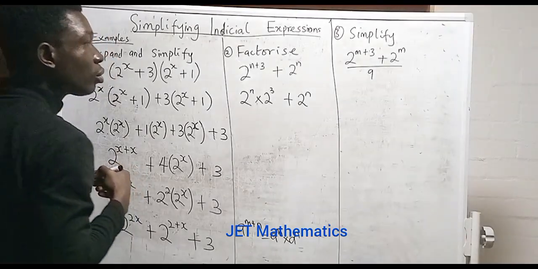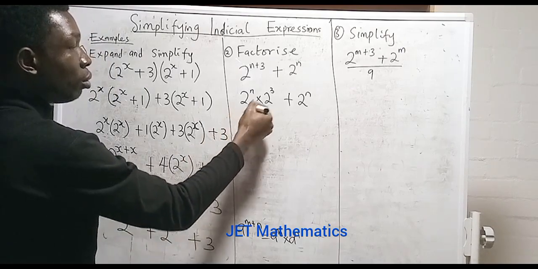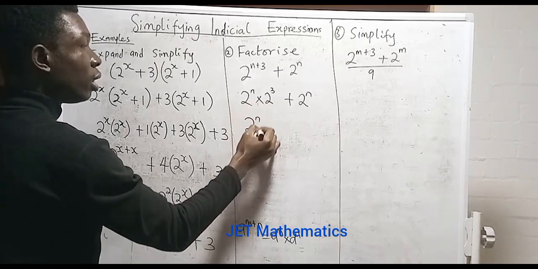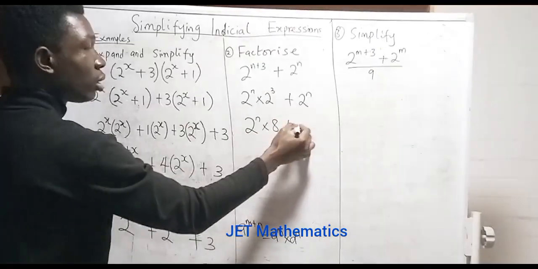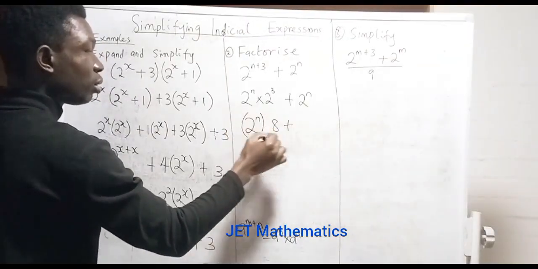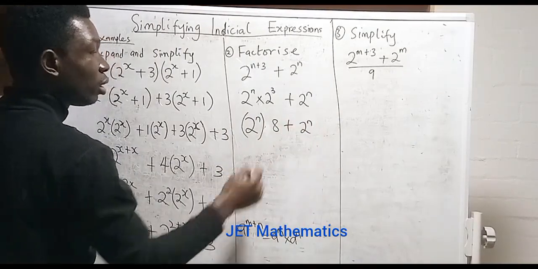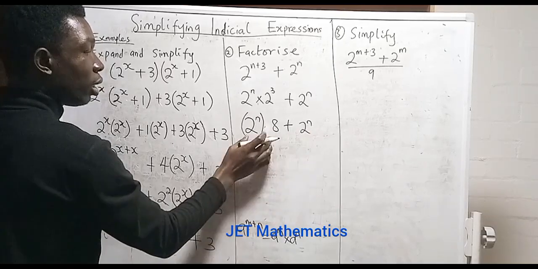Then we can also decide, okay, you can break this down by saying this is 2 raised to the power n times 8 plus, let's use bracket if we want to, 2 raised to the power n. So what is common between these two terms, here and here?